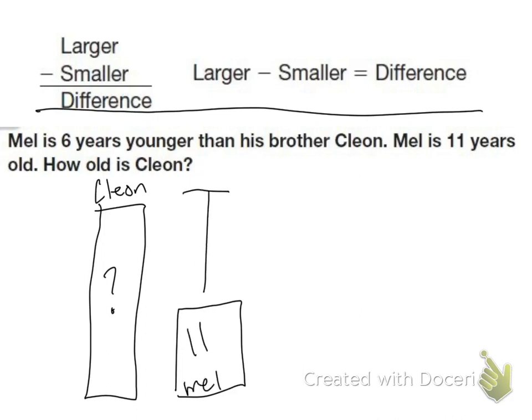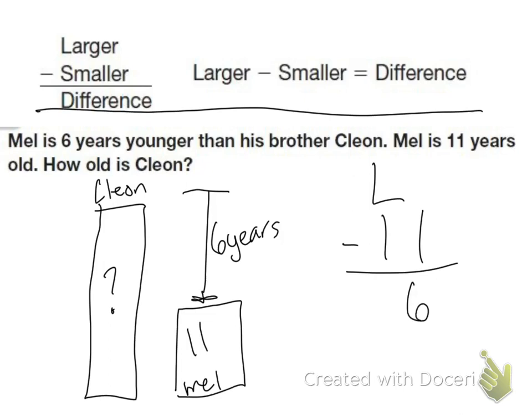And then I know the difference here is 6 years because Mel is 6 years younger than Cleon. So I don't know the bigger amount. So I have the larger number minus the smaller number, which is 11, equals 6.